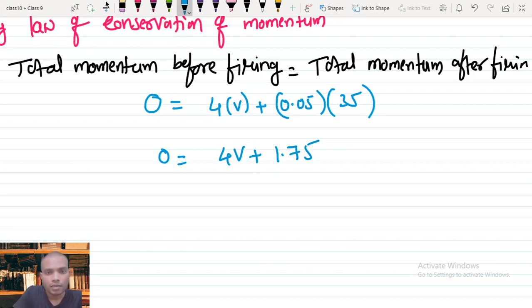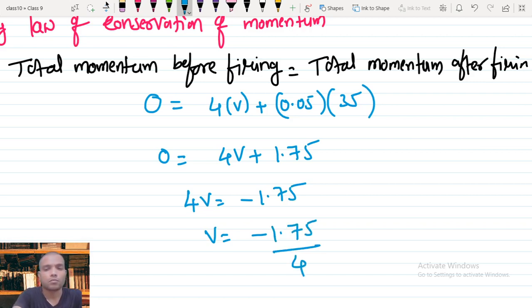So if I write 4v equal to minus 1.75, therefore v equals minus 1.75 upon 4. So if we divide this, this gives me 0.4375.